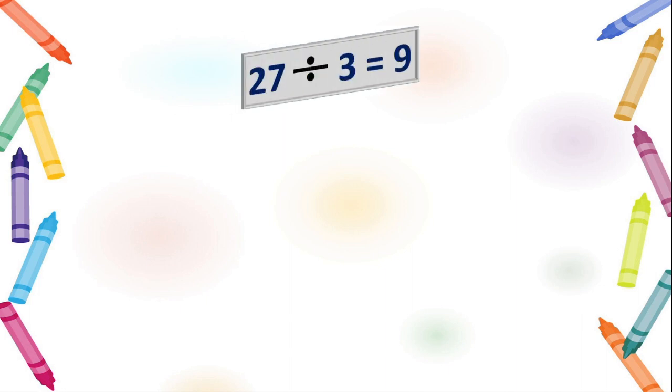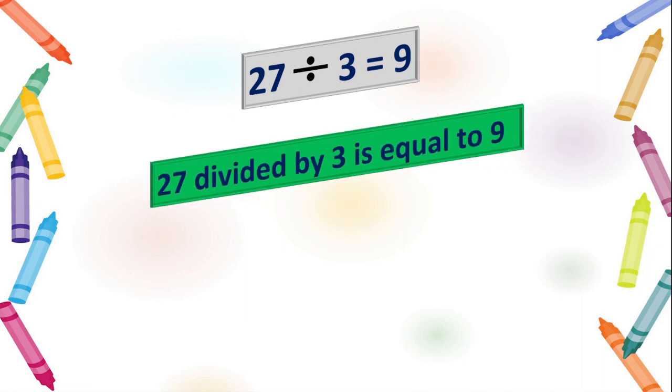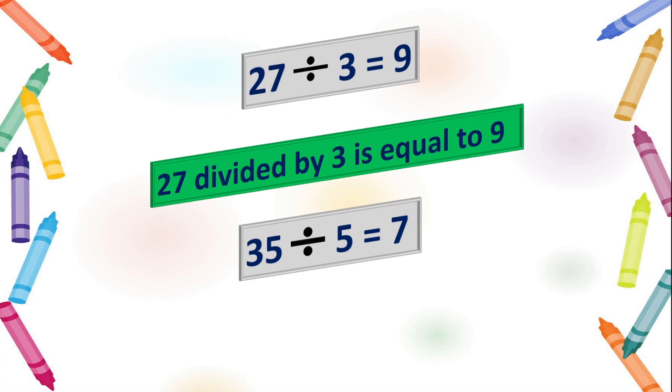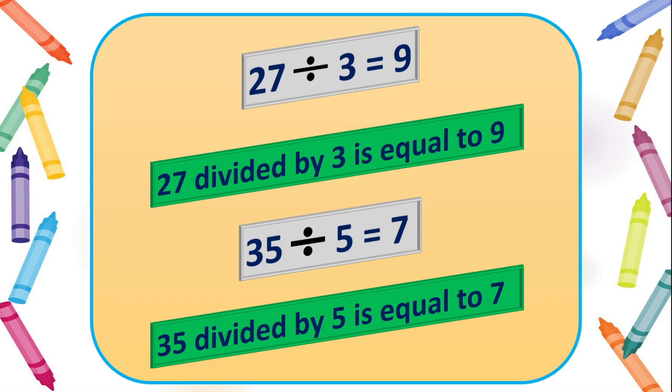Now here, see this: 27, the division symbol, 3, equal to symbol and 9. How to read this? Yes, 27 divided by 3 is equal to 9. One more. How to read this? 35 divided by 5 is equal to 7. Got this? Okay.